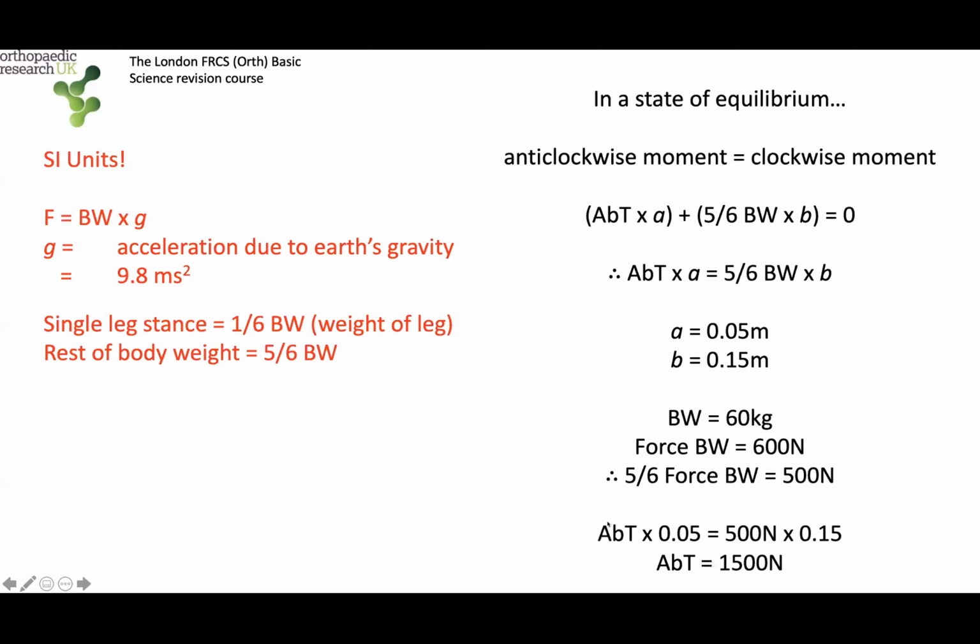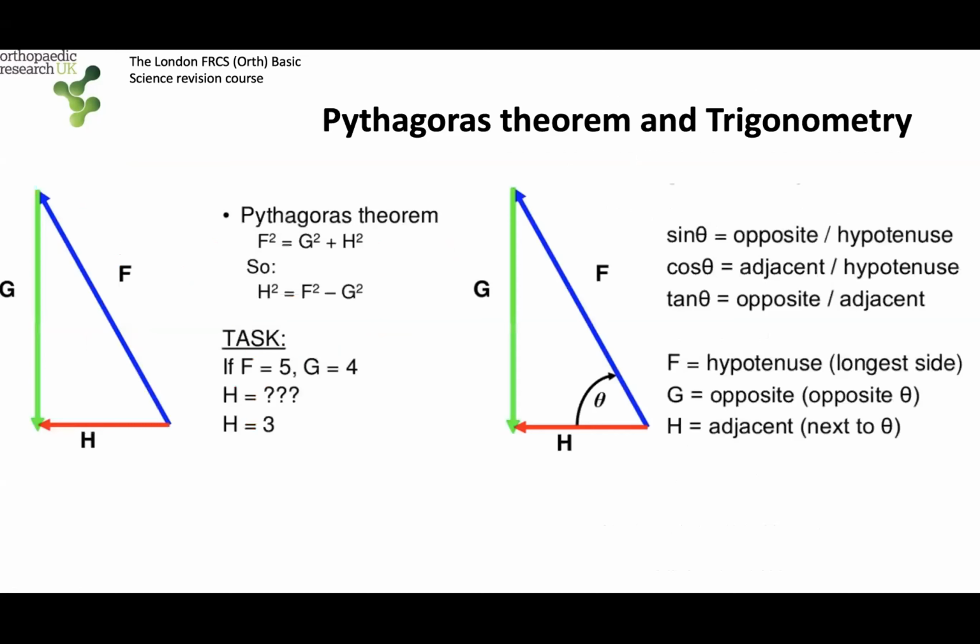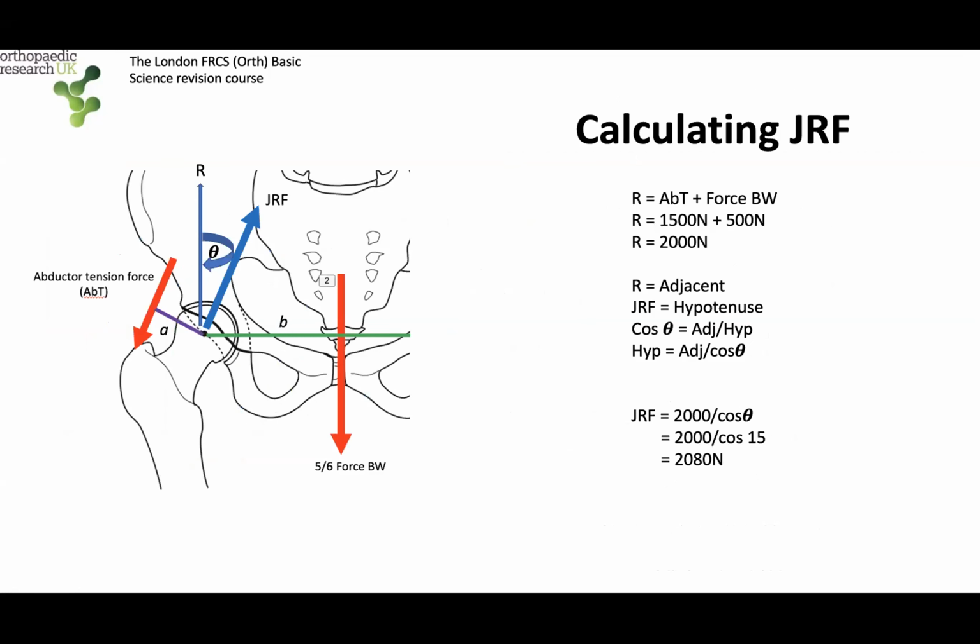Now you can work out the abductor tension force. 500 newtons times the distance 0.15, divided by 0.05, gives your abductor tension force, which is 1500 newtons. You can then either use Pythagoras' theorem, in which case you need some idea of sine, cosine, or tangent, or you can do a bit of a cheat and say your ground reaction force, R, is your abductor tension plus your force body weight.